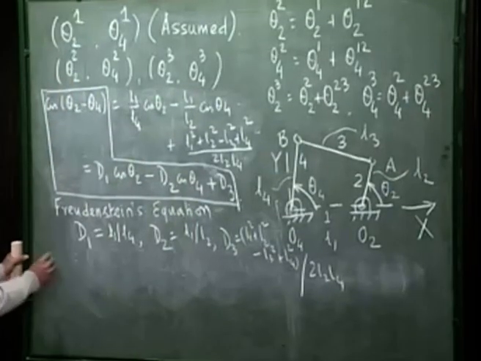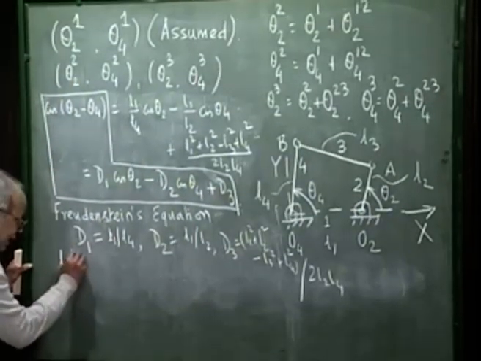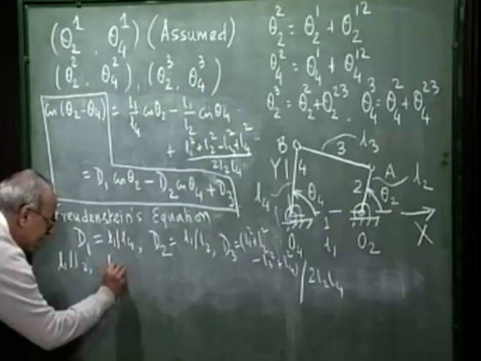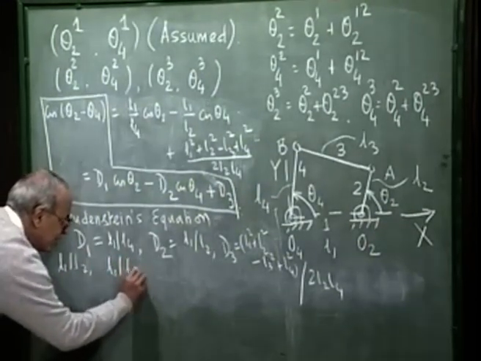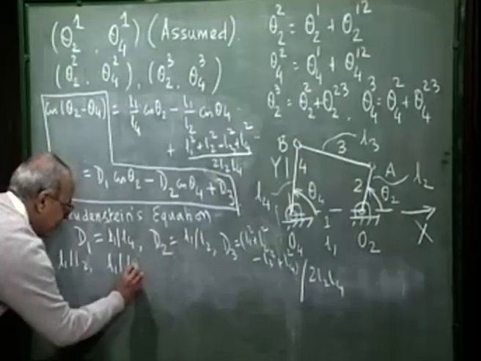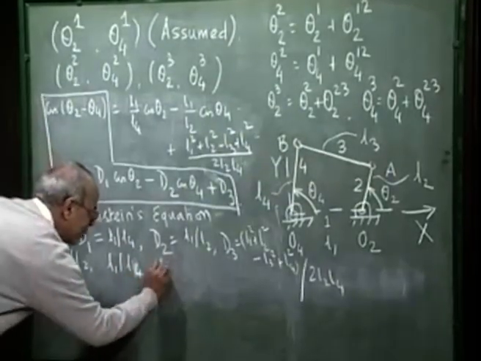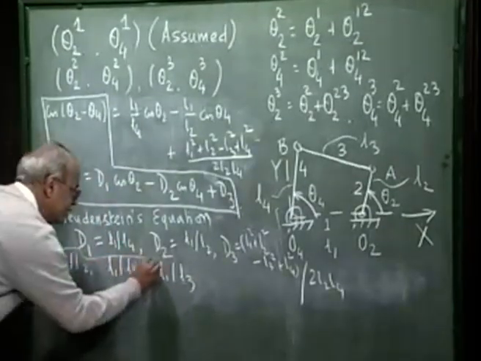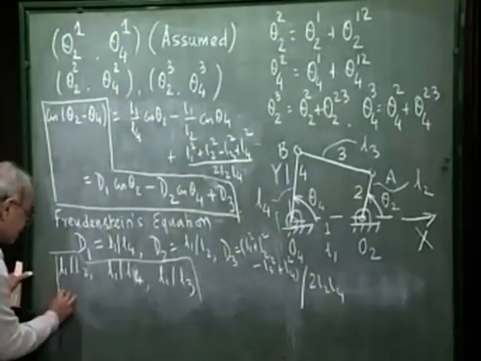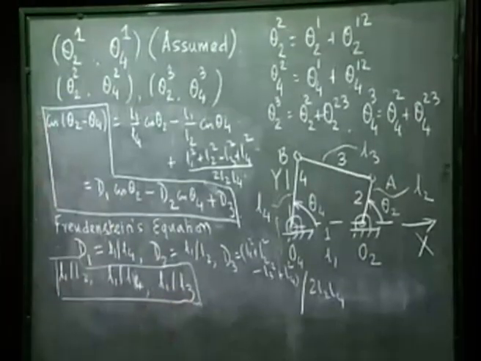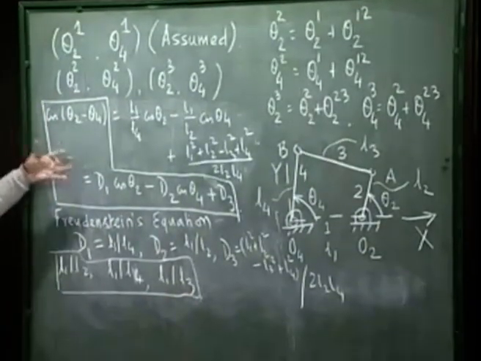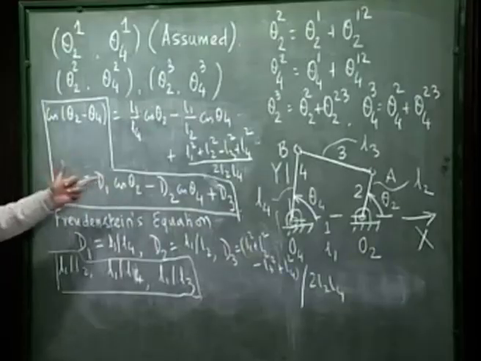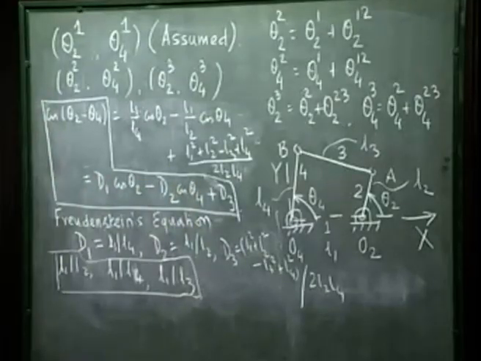So, the three link length ratios, namely L1 by L2, L1 by L4 and L1 by L3, can be obtained by solving a set of three linear algebraic equations involving D1, D2 and D3.